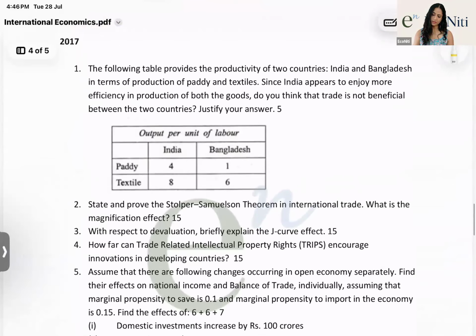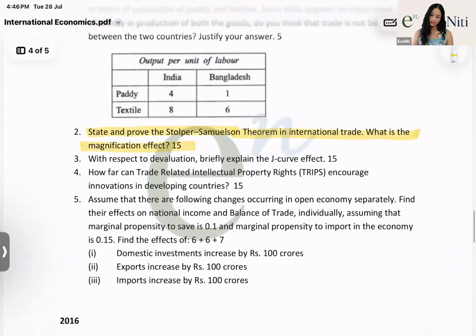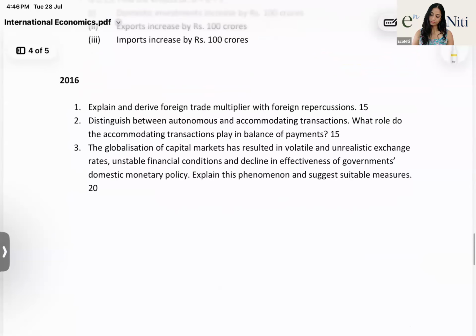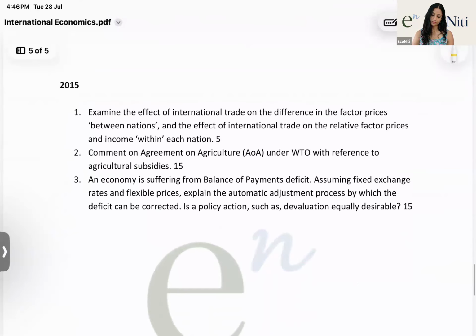This is 2017. This is the last one that I'll go over. State and prove the Stolper-Samuelson theorem. What is the magnification effect? Okay. All right.